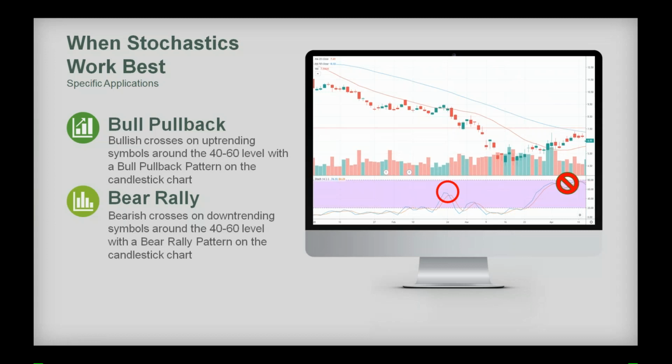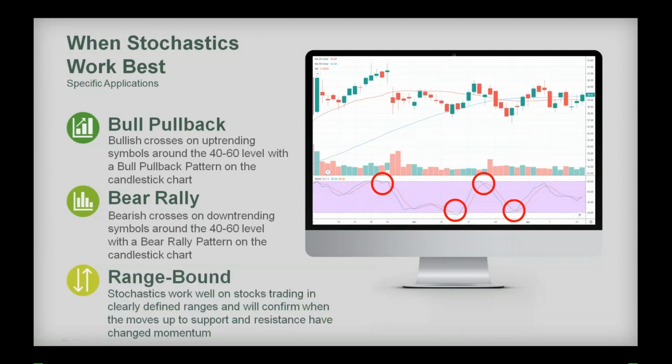So sustainability is what we're talking about. Range bound stochastics works well on stocks that have clear defined ranges. And like I said, this is an oscillator. Whereas with the RSI we really ignore the indicator in a sideways move, this is where the stochastics could shine, in that choppy back and forth.